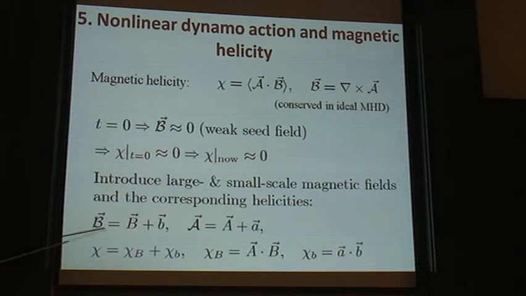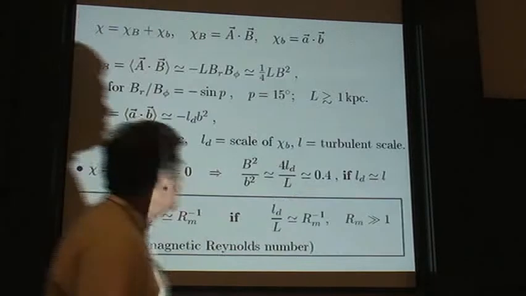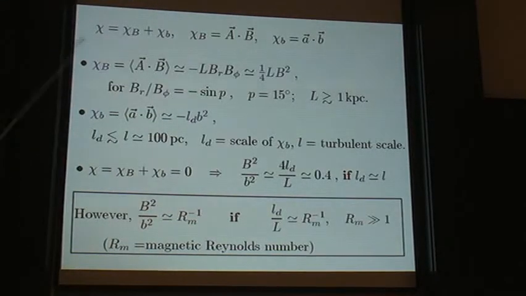Now I will split the magnetic field and vector potential into large scale and small scale fields, and then the helicity splits into contributions from the large scale field and from the small scale field. Their sum must be equal to zero. I can estimate the helicity due to the large scale field for the galactic environment.